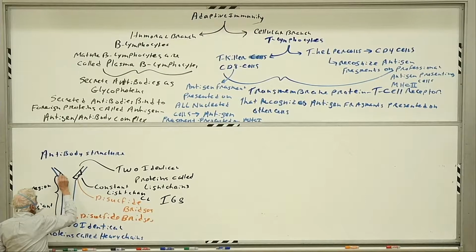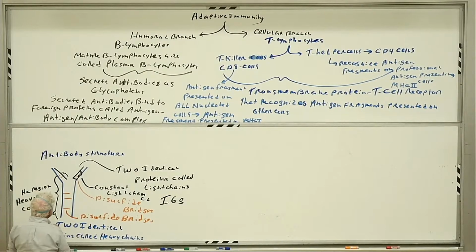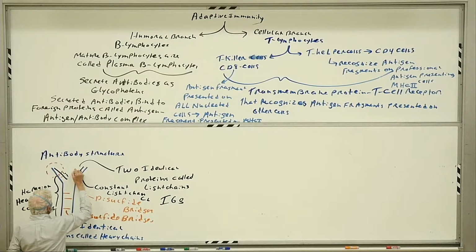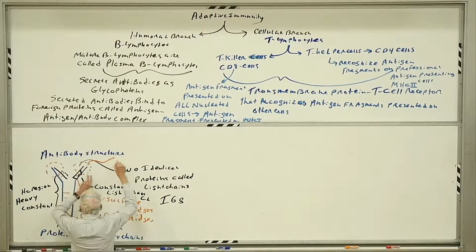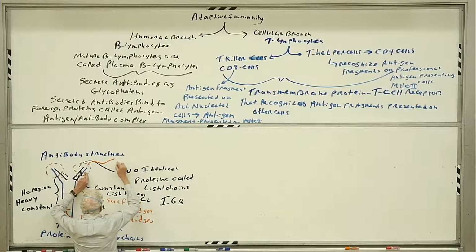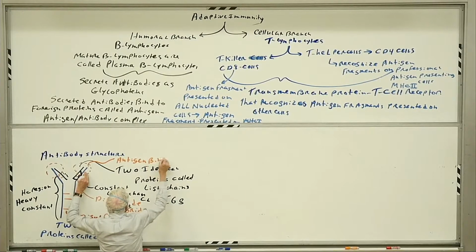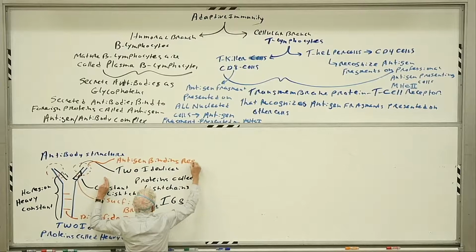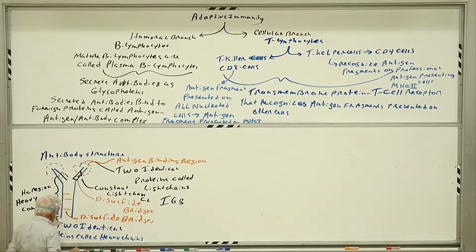Now, where we begin to see some differences is out here on the short arm of the Y. The short arm of the Y that I have shown here with this dotted line in orange, this is the antigen binding region. This is the region of the protein that binds the antigen.